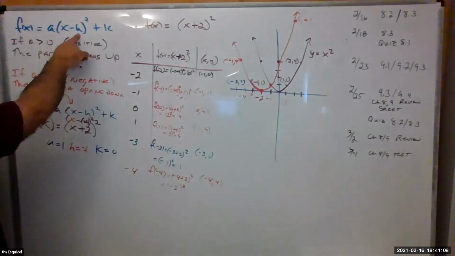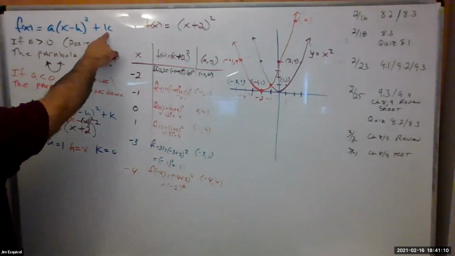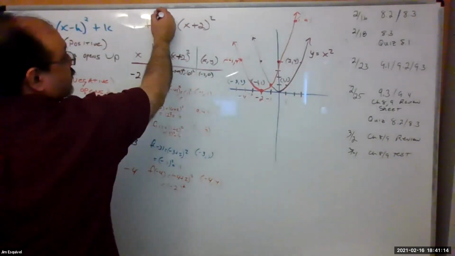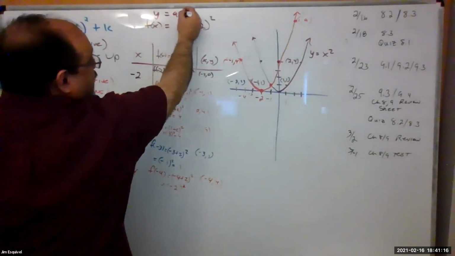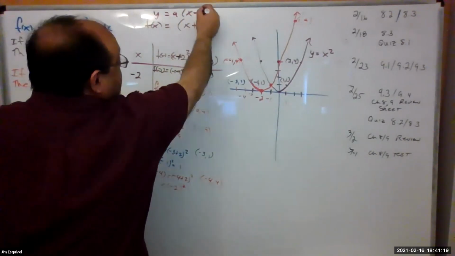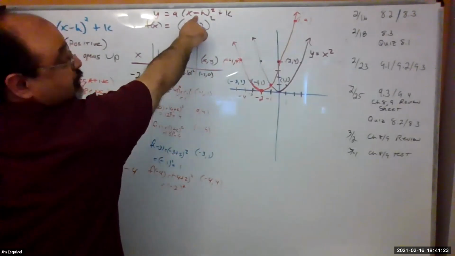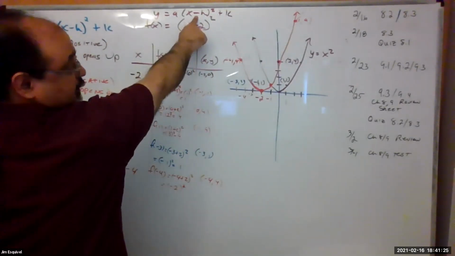So h is a horizontal shift. k is a vertical shift. When you do the matchup to y equals a times (x minus h) squared plus k, the negative is built into the formula.